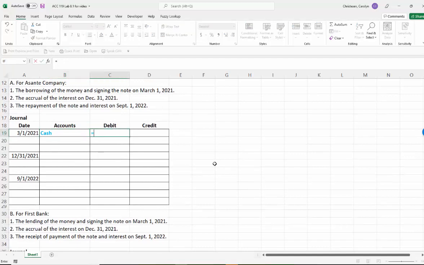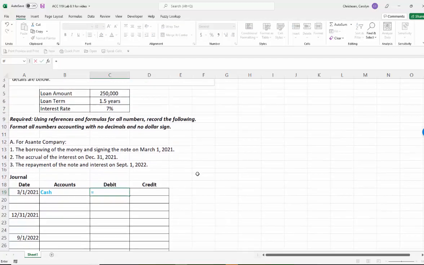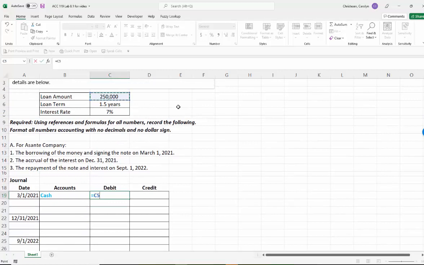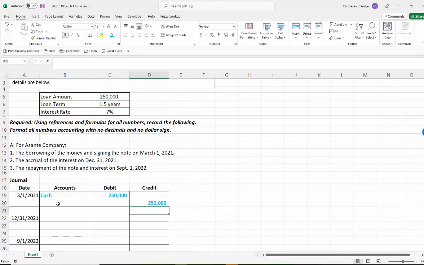How much cash are we getting? We're going to type in equals, and we're going to reference the loan amount, which is $250,000. We know our credit has to be equal to our debit here because we're going to be crediting the borrowing, right? This is notes payable. So this company now has a note payable for $250,000.